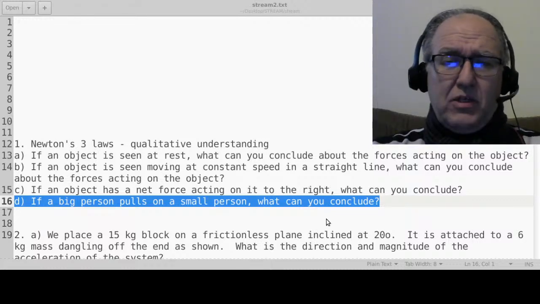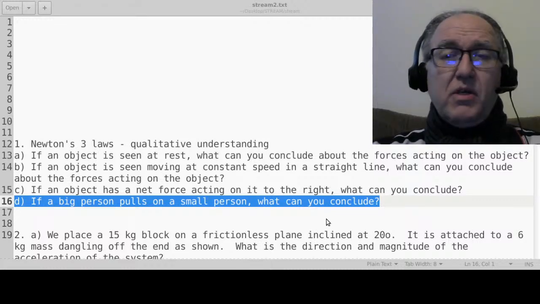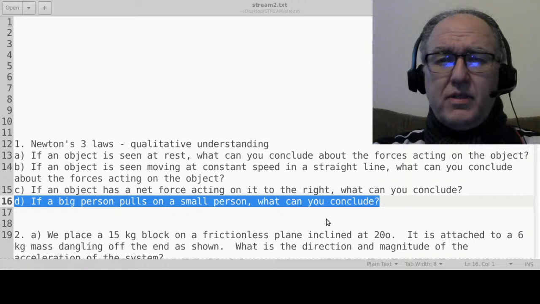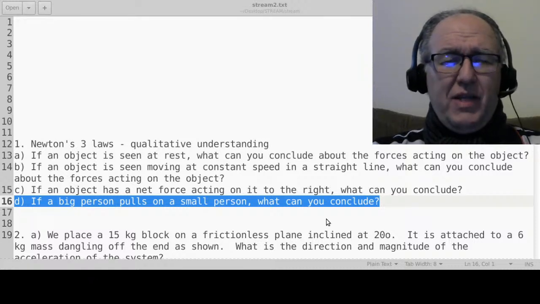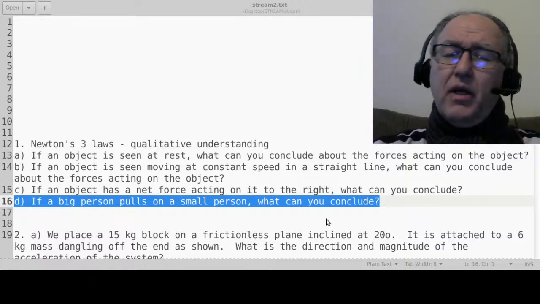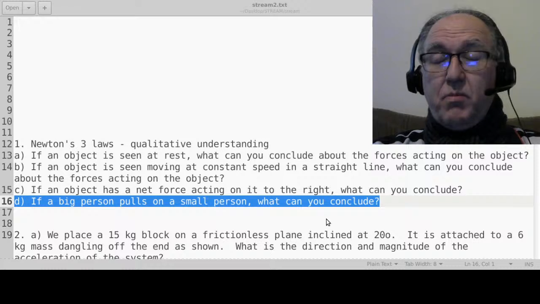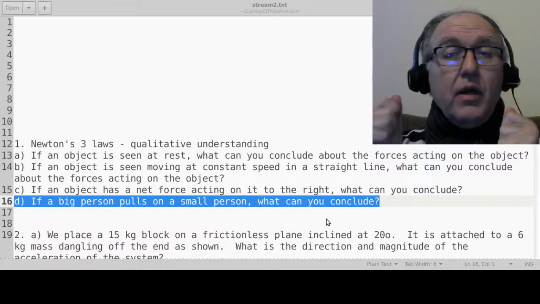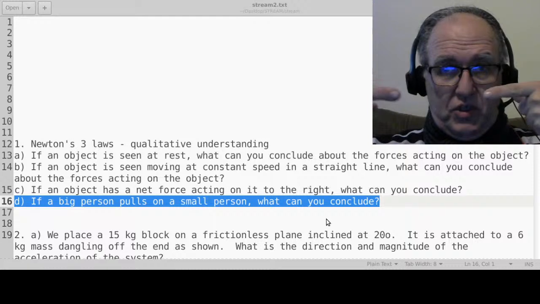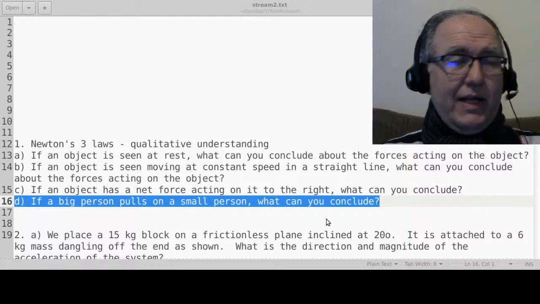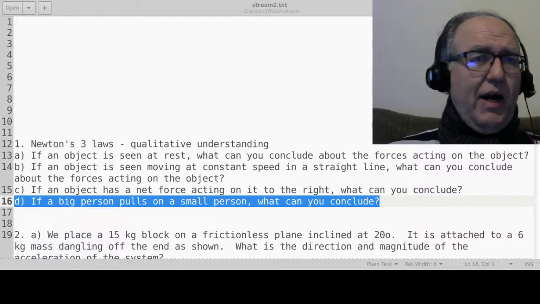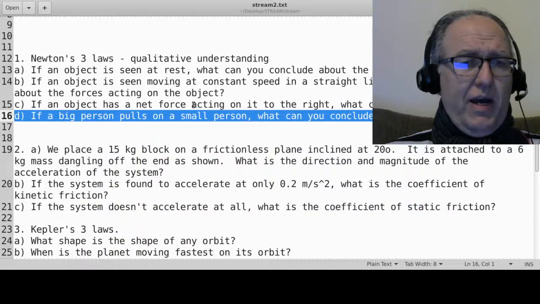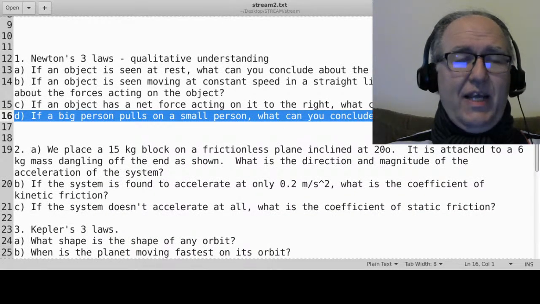It's 1,000 newtons, but compared to the billions of kilograms of mass that the Earth has, that's nothing. That's why your intuition falls apart when one object is big and the other is small. But the force that the two objects exert on one another is equal in magnitude, just opposite in direction. That's enough for the qualitative questions, so let's move on to some quantitative questions.